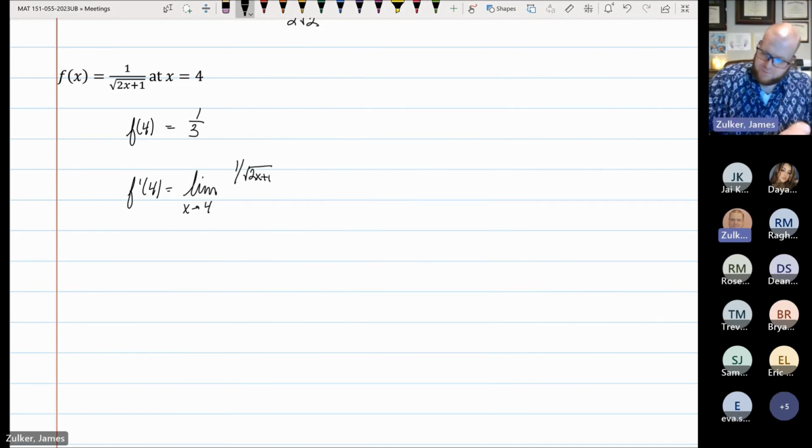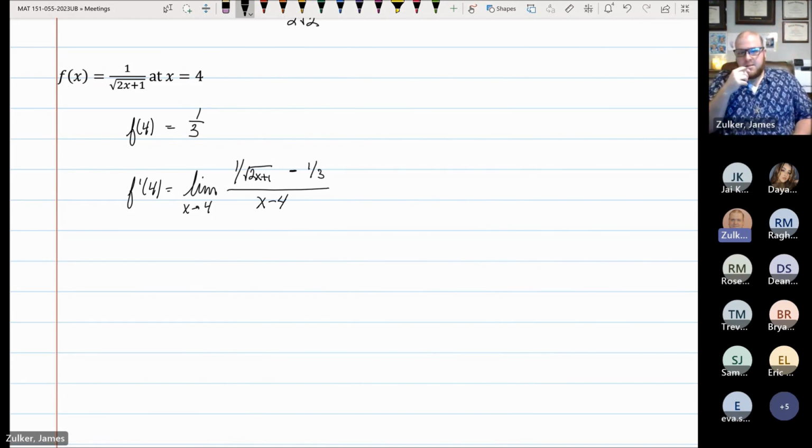One over square root of 2x plus 1 minus 1/3 all over x minus 4. I think this one gets really ugly.